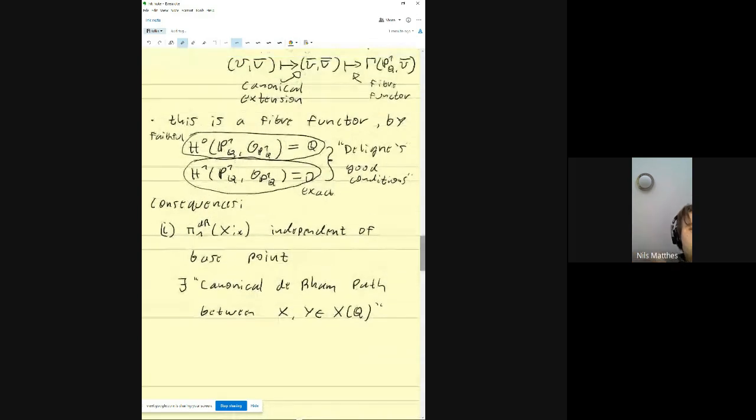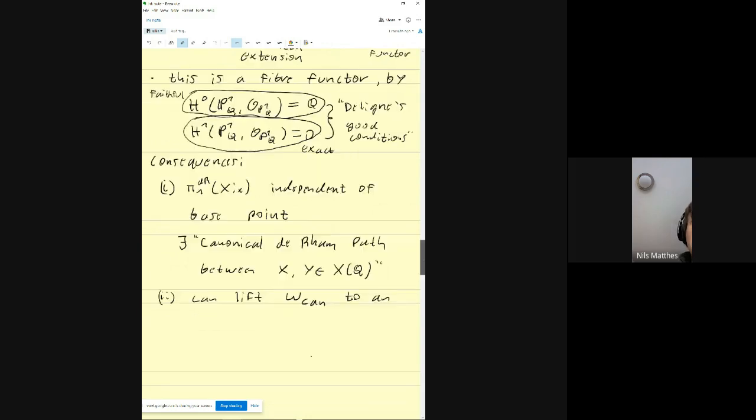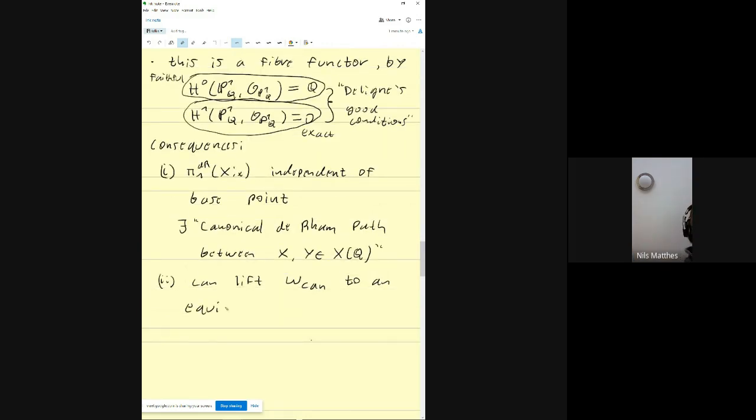All right, and another consequence you can draw is that you can also compute the de Rham fundamental group from this observation. So more precisely, you can lift this canonical fiber functor to an equivalence of categories between the category Uvic and, well, it's going to be a category of vector spaces together with some extra structure.